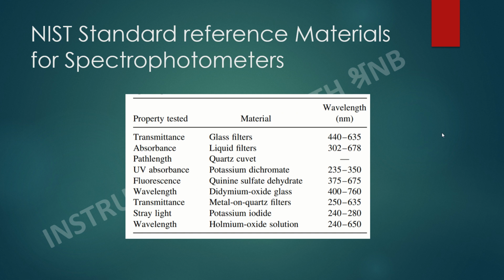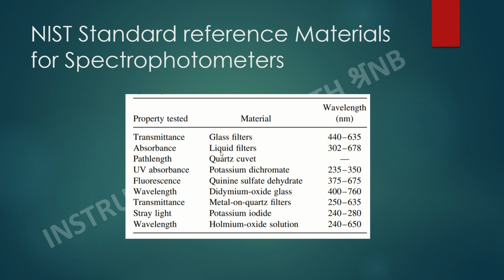Now, NIST standard reference materials for spectrophotometers. NIST is the National Institute of Standards and Technology. The property tested, the material used, and the wavelength region are given in this table. For transmittance, glass filters are used that provide wavelengths in the region of 440 to 635.